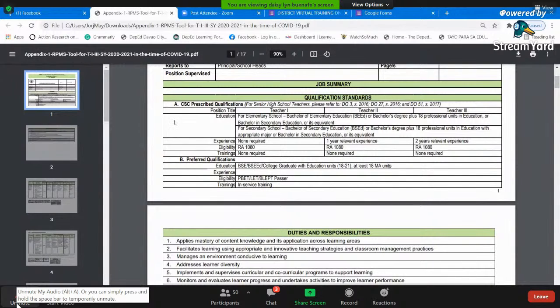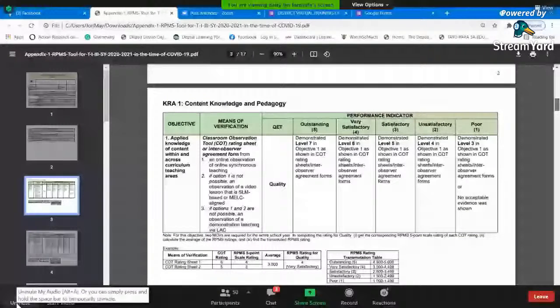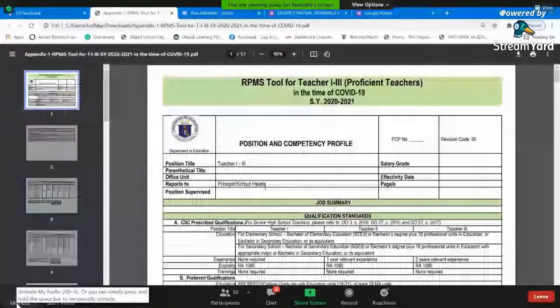Okay. So, I'm going to discuss the IPCRF of the teacher 1 to 3 because the teacher 1 to 3, especially the new teachers, need to be informed of this. So you have this form, you have to accomplish the first page of the IPCRF. You have to write your position title, for the sake of the newly hired teachers.